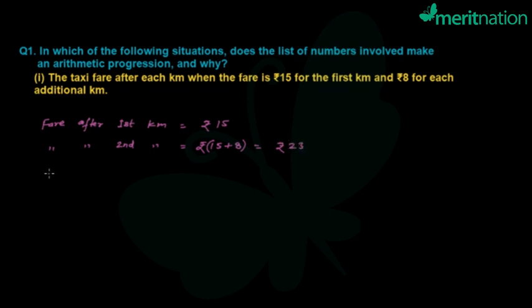Next is fare after third kilometer. It becomes 15 plus 8 plus 8 because 15 is the first kilometer, second kilometer and then third kilometer. Total becomes 31 rupees.